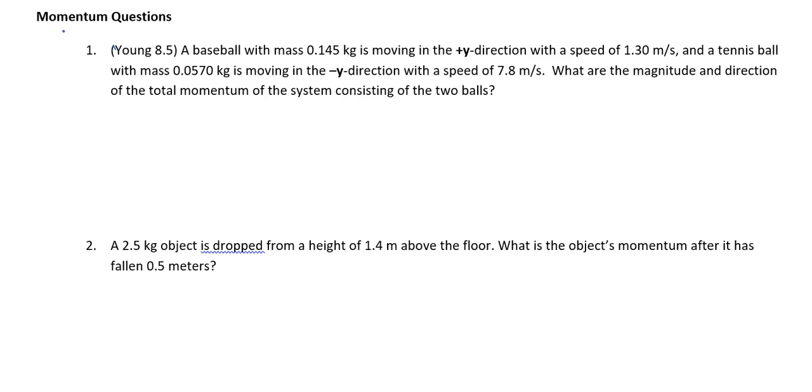Okay, so let's solve two problems involving momentum. I would encourage you to read these problems yourself, try them yourself, and then check back on the video to see if you got them right or not. Let's look at the first one.